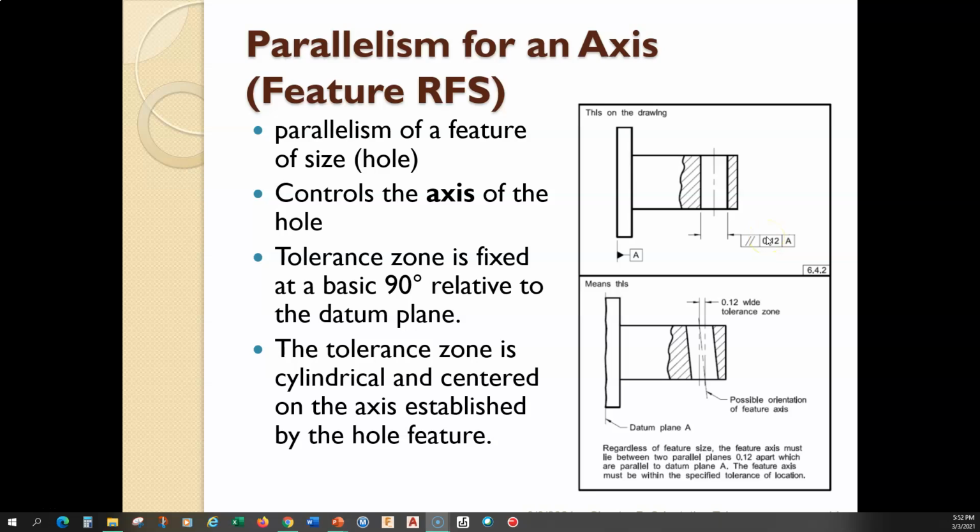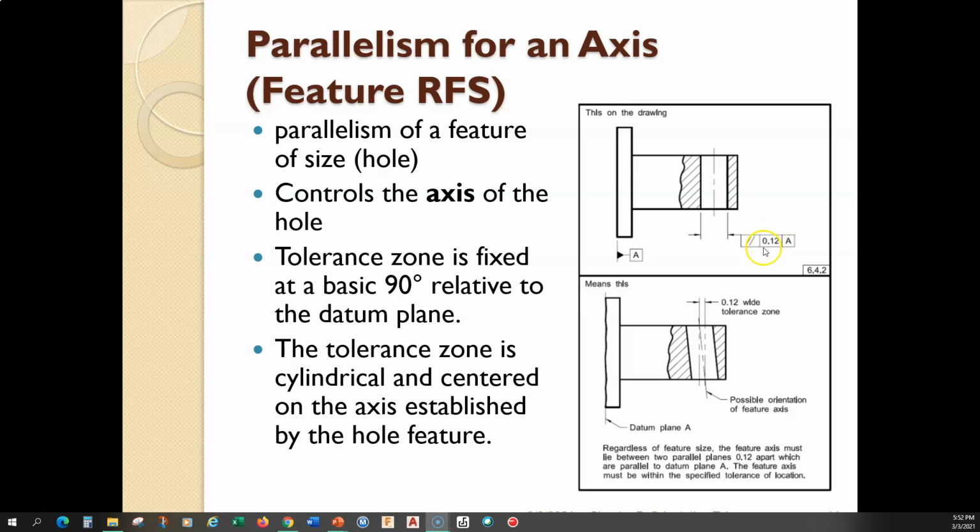All right. So actually, in this case, wow, I just noticed this. This is interesting because the tolerance zone here is not a cylindrical tolerance zone.